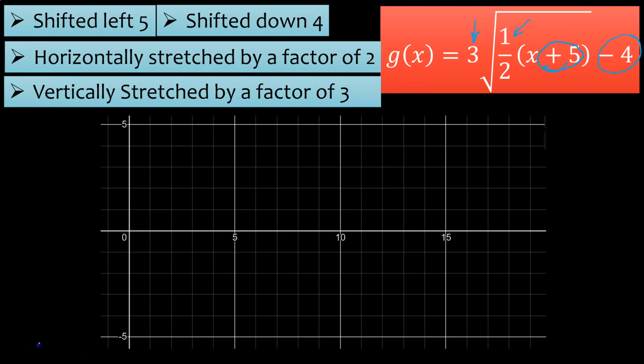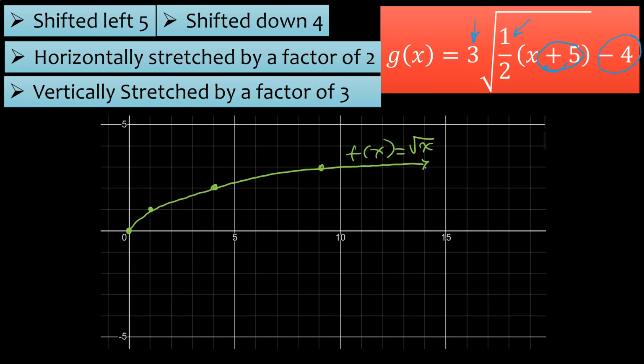Maybe I will go ahead and plot the parent graph first. Parent graph goes 0, 0, over 1, up 1, over 4, up 2, over 9, up 3, because the parent graph is f of x equals square root of x.